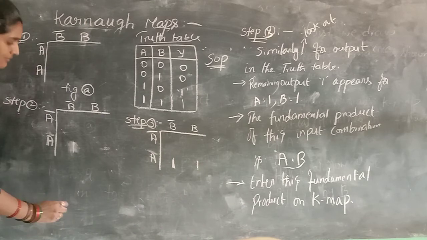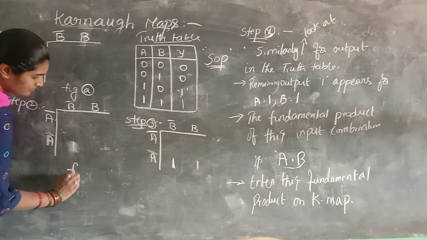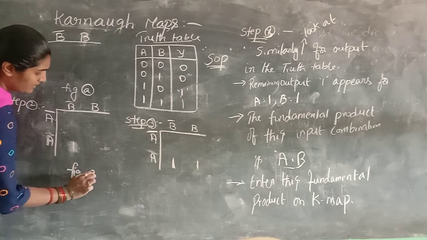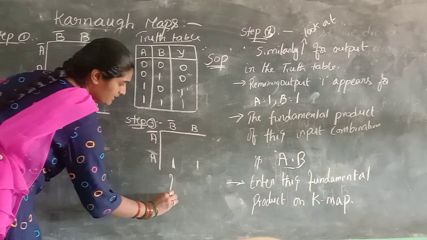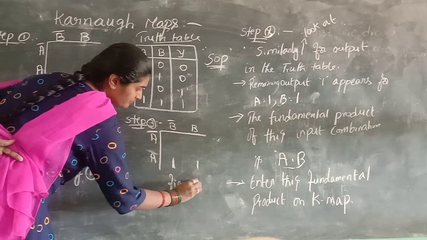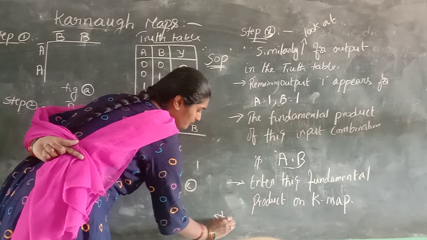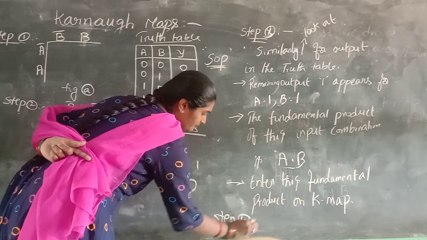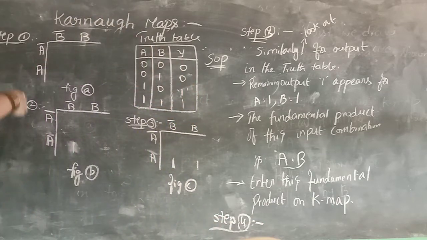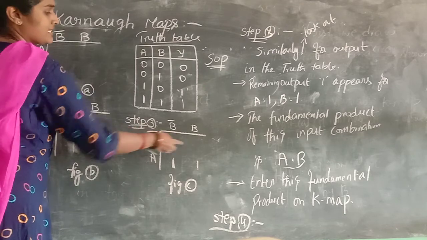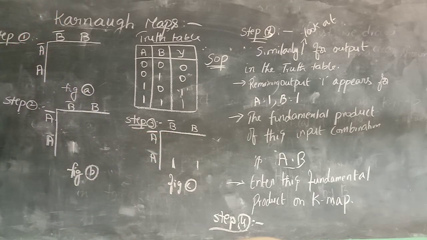And coming to step 4, the remaining places. The final step is to fill all the remaining spaces with 0.